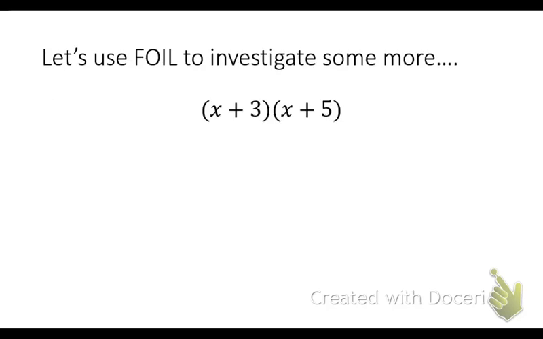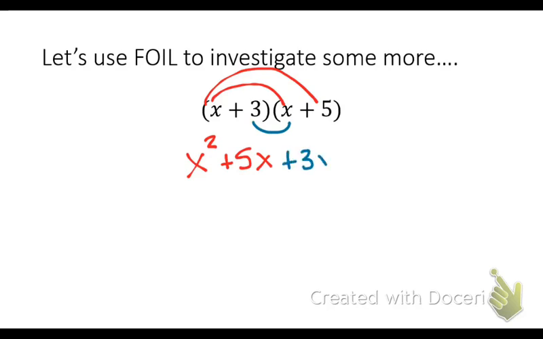So what happens when I FOIL when I'm working this step out? As a reminder, FOIL would give me x squared for my first terms. And then my outer terms would be plus 5x. My inner terms will give me a plus 3x.